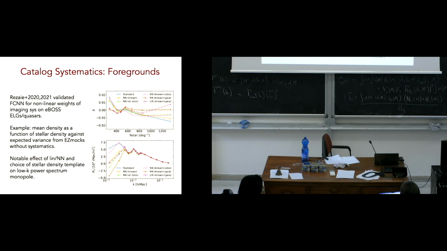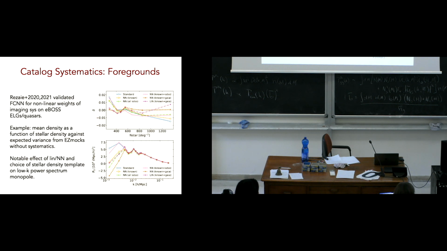However, when they apply this on data, where of course we just have to choose a template in our analysis and don't really know what the actual cosmological or the actual galactic truth is, this really starts to matter. So what you see here is the power spectrum monopole using, between pink here and brown dashed, two different templates for the stellar density, which I guess as cosmologists we might think, well, that's something that's really well known.